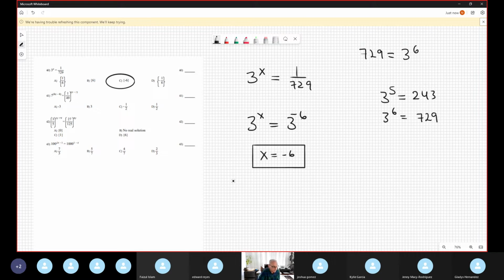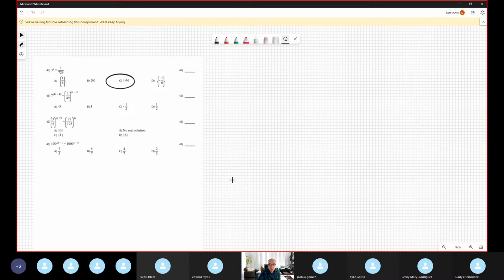Let's move into the 41. 41 is, you know, similar. 41 is 7 raised to the 4x minus 4 is equal 1 over 49 raised to the x.